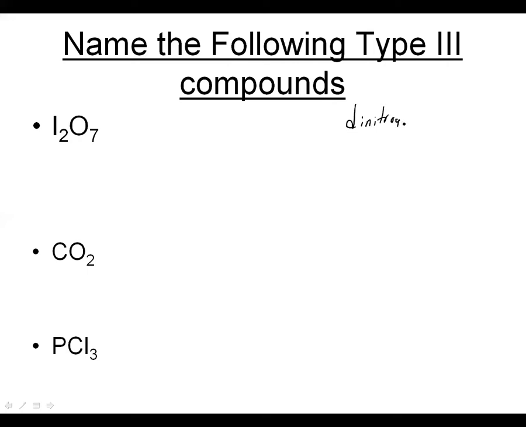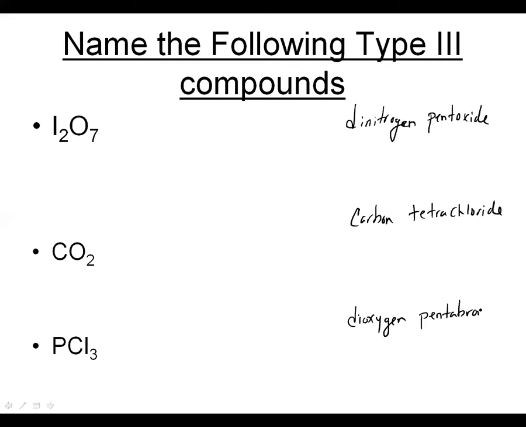So in addition to what you have on the screen, write the formula for dinitrogen pentoxide, carbon tetrachloride, and... all right. So names for the ones on the left, formulas for the ones on the right. Take a moment or two, and then we'll talk about it.